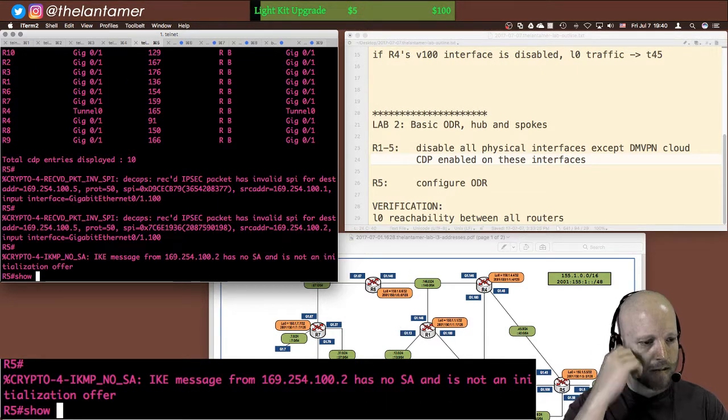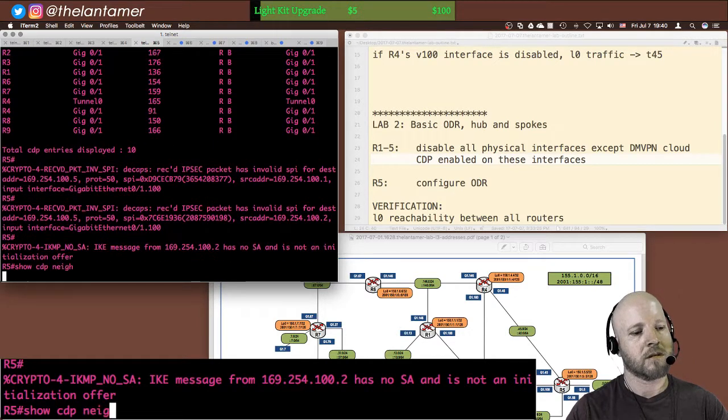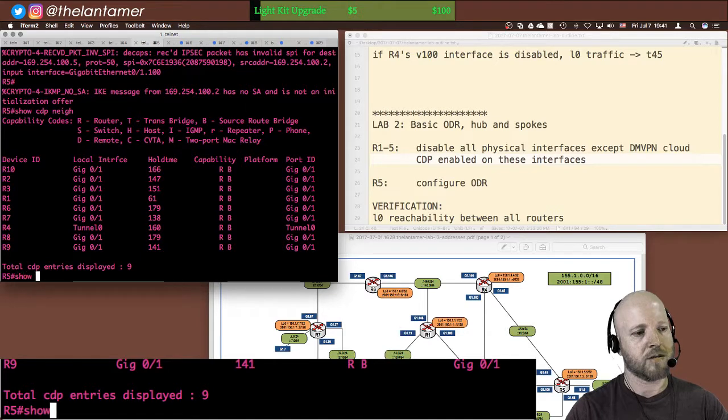Let's see. We need to configure router 5 first. Did we already? Show.